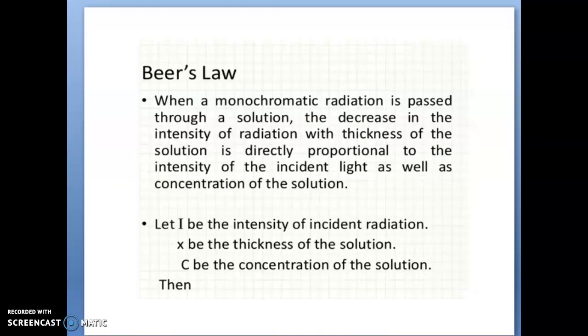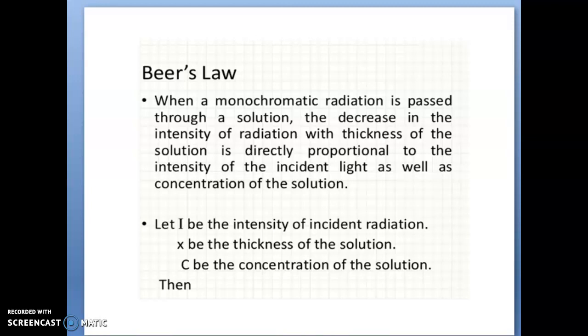Beer's law says when a monochromatic radiation is passed through a solution, the decrease in intensity of radiation with respect to the thickness of the solution is directly proportional to the intensity of the incident light as well as the concentration of the solution.